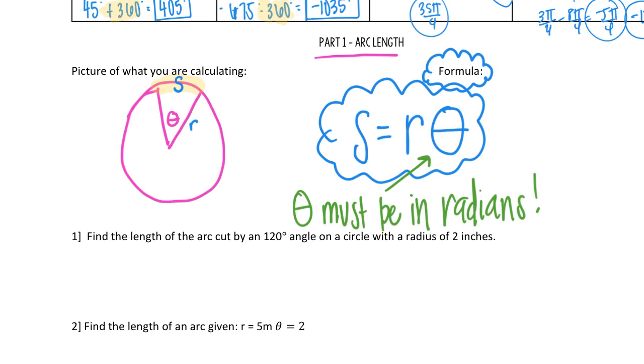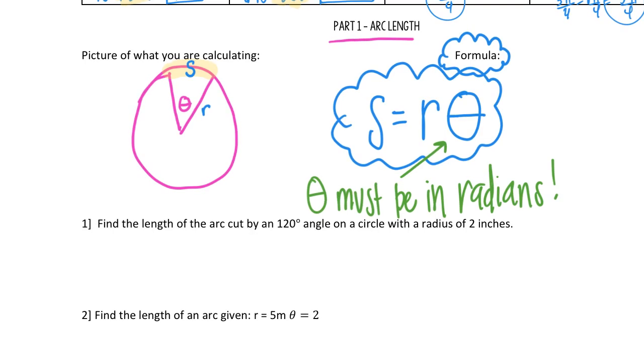So let's try a real basic one down beneath here. We want to find the length of the arc cut by a 120-degree angle on a circle with a radius of 2 inches. So we've got a circle here. We have a 120-degree angle. Now, just like I said before, that 120 degrees needs to be in radians.